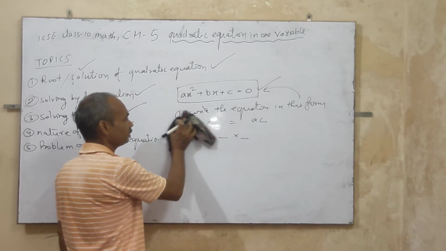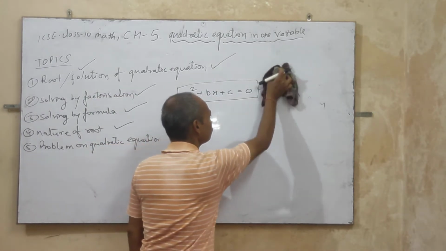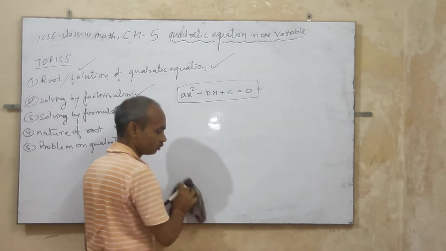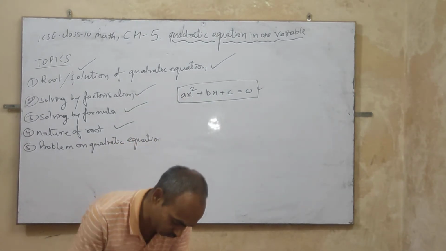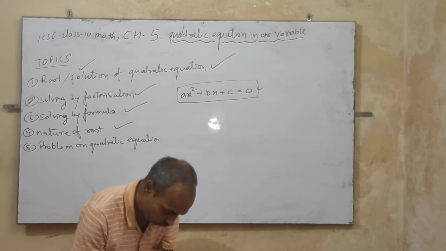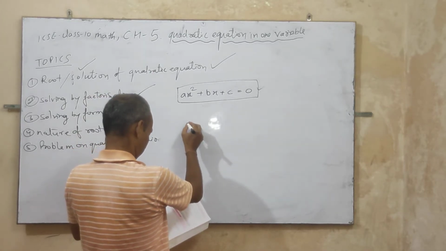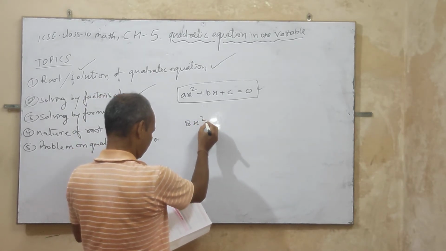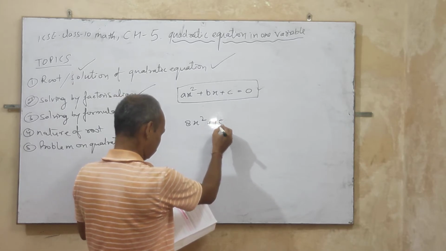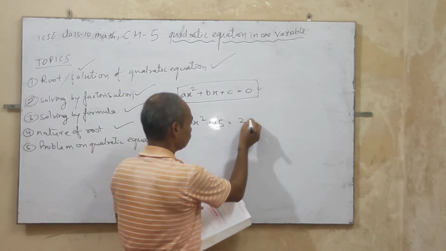Let us start with an example of factorization. The method of solving a quadratic equation by factorization is very easy. Now we take 8x square plus 15 is equal to 26x.